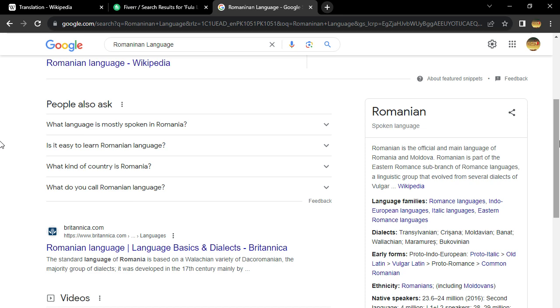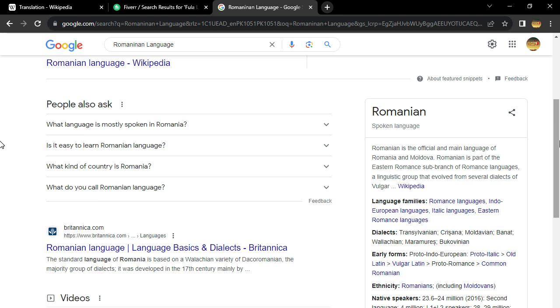Romanian is the official and main language of Romania and Moldova. Romanian is part of the Eastern Romance sub-branch of Romance languages, a linguistic group that evolved from several dialects of Vulgar Latin. Language family: Indo-European, Italic, Romance, Eastern Romance.